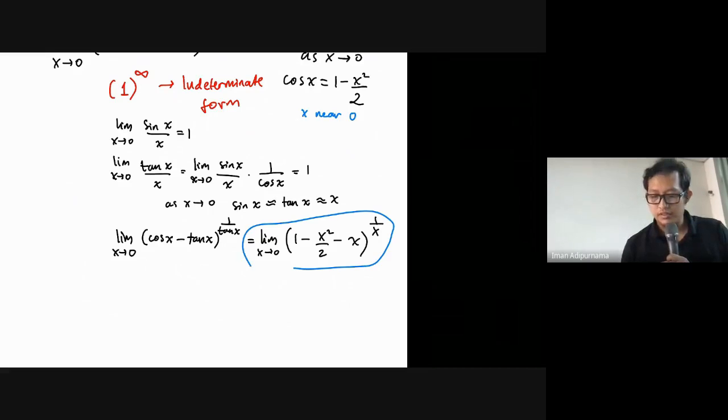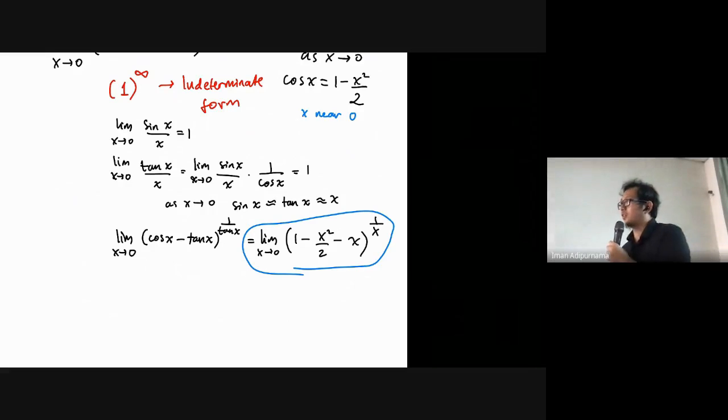And these terms are more doable and easier to find the limit. If you want to use L'Hopital, it's also shorter than using L'Hopital directly on this.